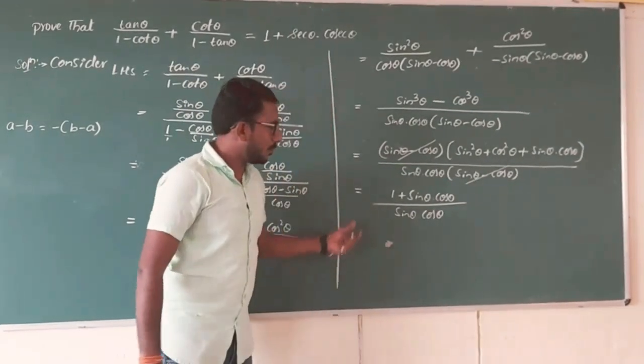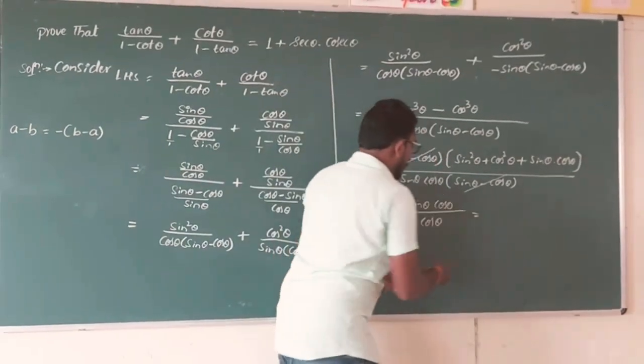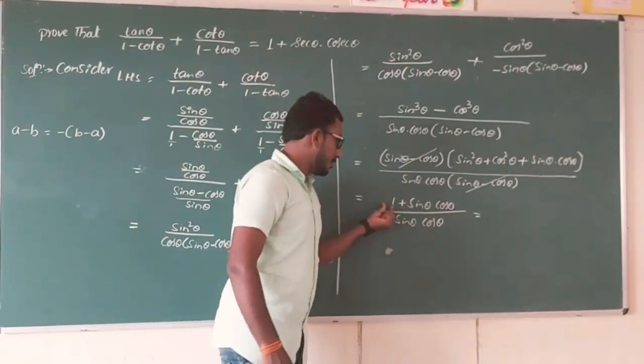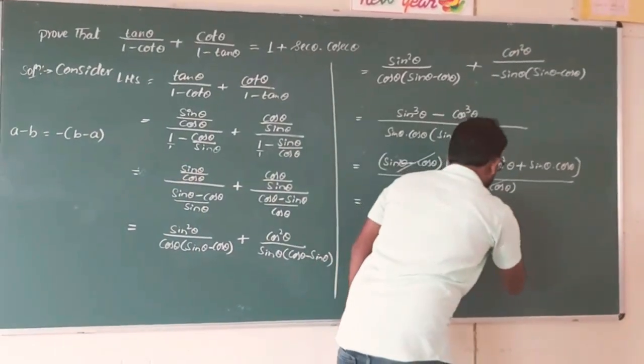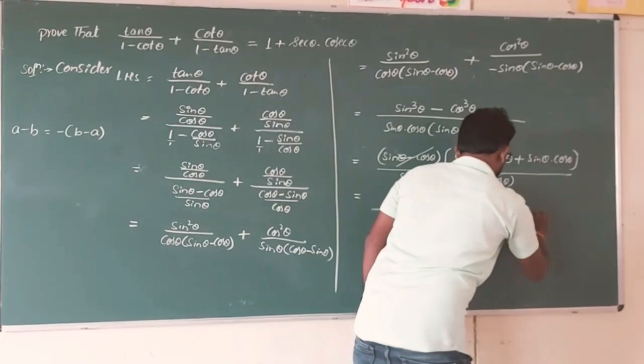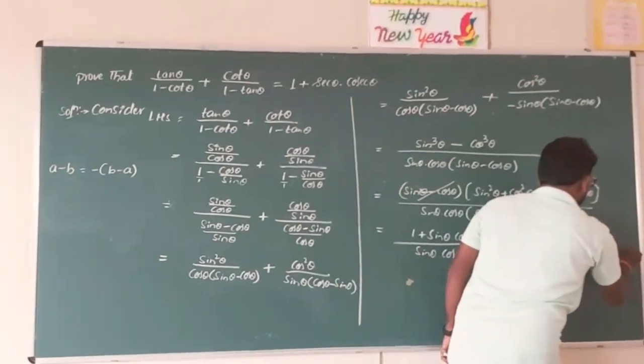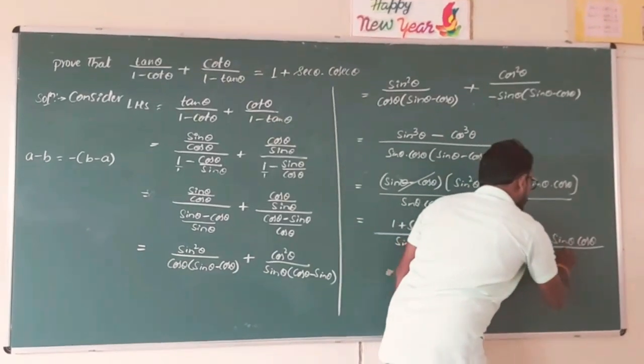I hope this step is very clear. And in the next step, I will distribute this denominator to each numerator term. Then it becomes 1 divided by sin theta into cos theta plus sin theta into cos theta divided by sin theta into cos theta.